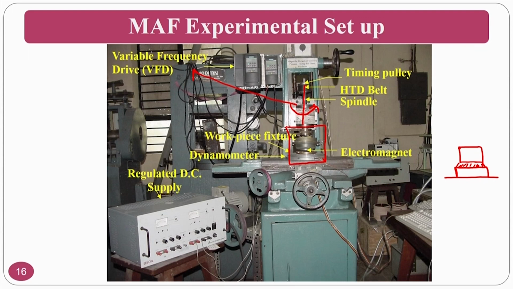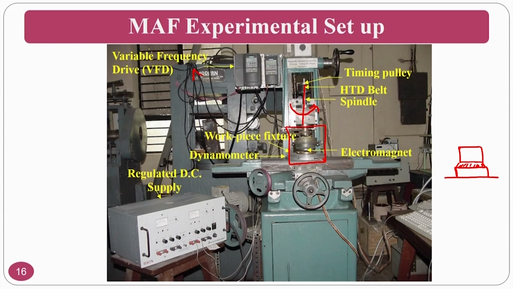So, the regulated DC supply is always given to the electromagnet, wherein the north and south poles are there in the same picture. So, in the same tool you have north and south poles, and the electromagnetic field lines will transfer from north to south. In between you just place the workpiece. Okay. So, you can do the finishing operation.